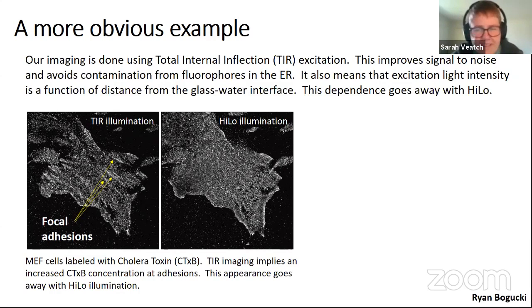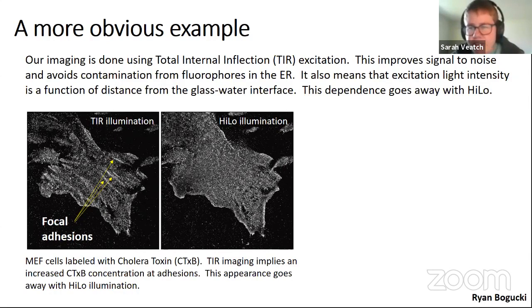And you'll have to trust me that that's where they are. I don't have the other picture. We have another picture, but there wasn't room for it on the slide. But when we image by off-target excitation, where the brightness of the excitation light isn't dependent upon how far you are away from the cover slip, the membrane label looks completely uniform.